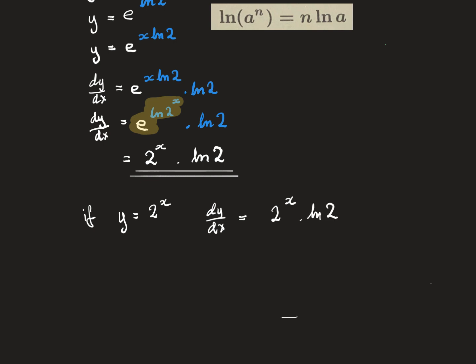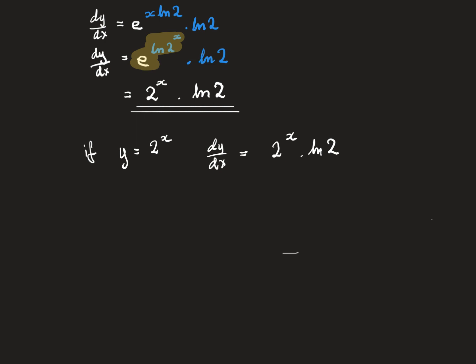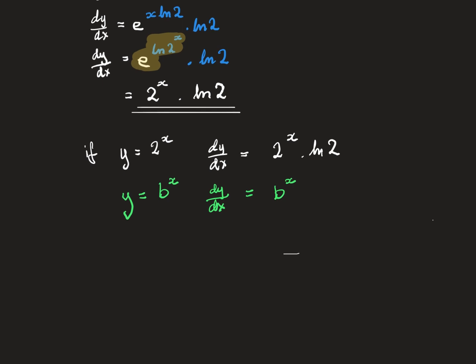And so we could extrapolate this by saying that if I have y is equal to b to the x, then my differential function will be b to the x multiplied by ln b, if b is greater than 0.